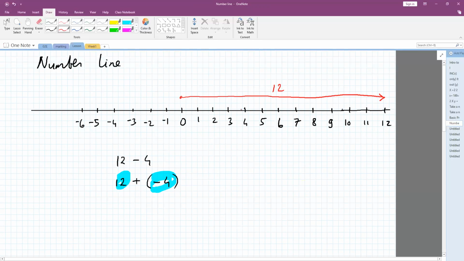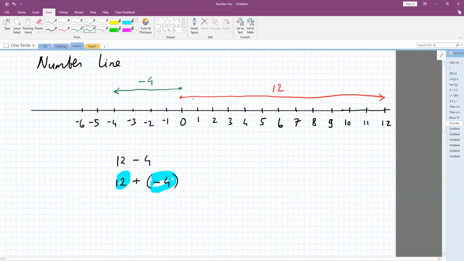Now when you have -4, what does it mean? You go back until you reach -4. So basically you go from 0 until you get to -4.